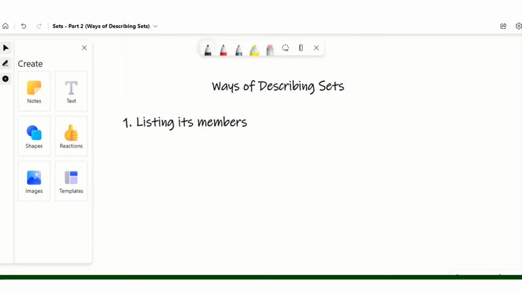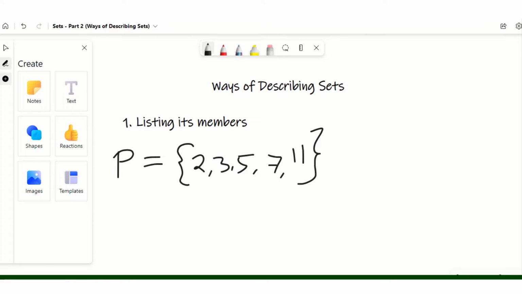We have the set P. Remember, every set is denoted with capital letters, not small letters. So the set P has as its members 2, 3, 5, 7, and 11, in curly brackets.